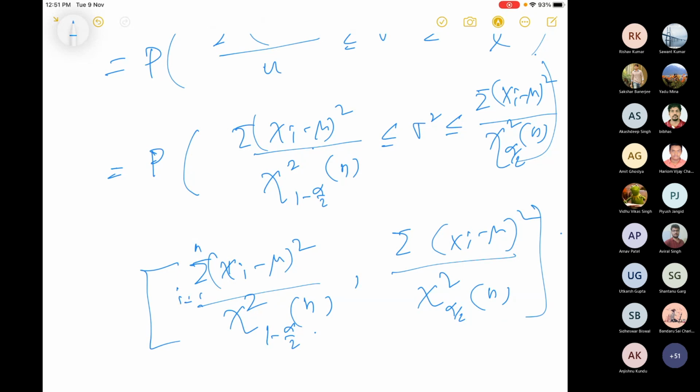So this is the confidence interval. The values of xi are known to me, mu is also known to me. Everything on the right hand side is known. So we have the confidence interval for sigma square.